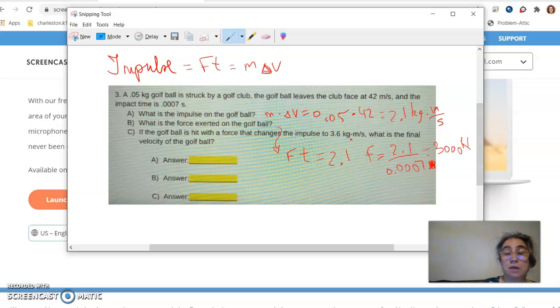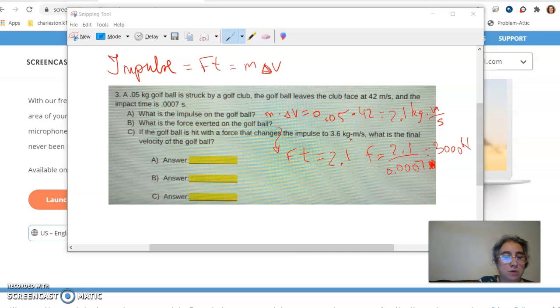The C part is if the golf ball is hit with a force that's changing the impulse to 3.6. At first it sounds like we're going to have two different velocities, because the first impulse is changed to the second impulse.